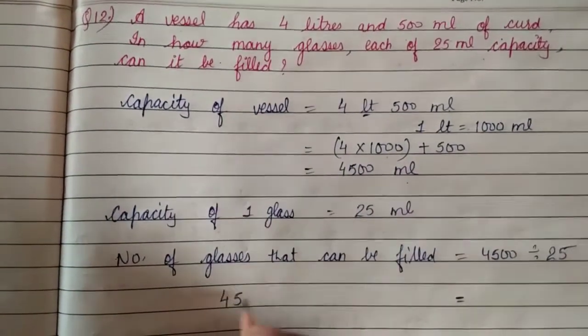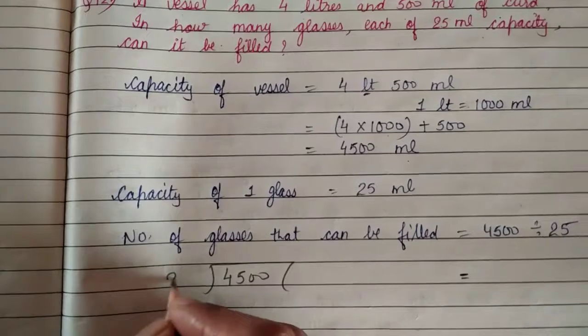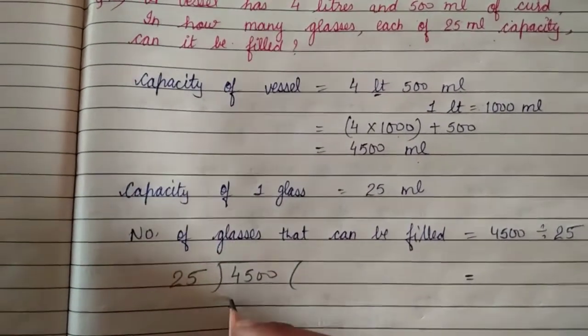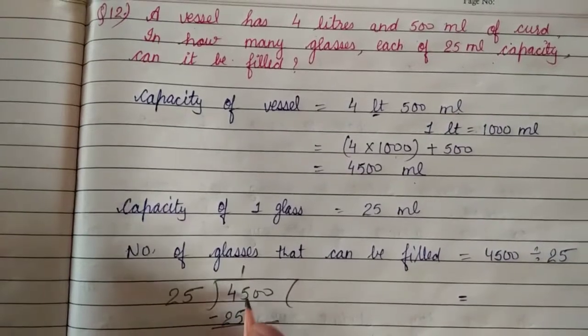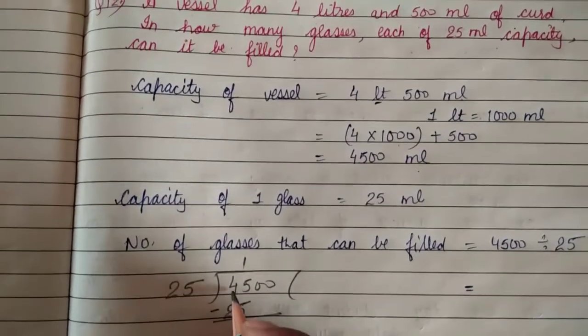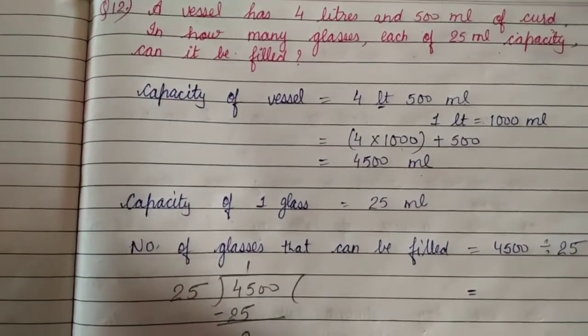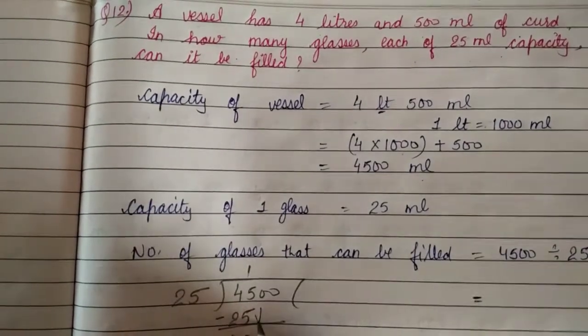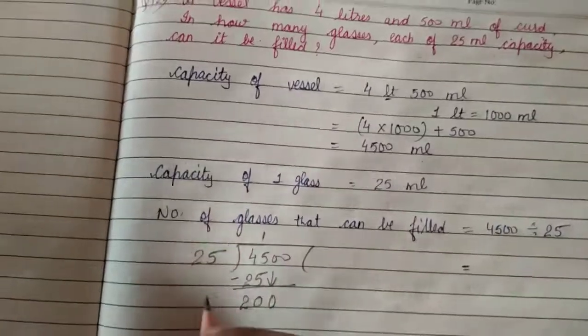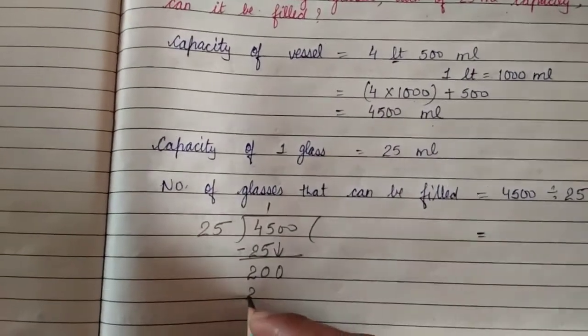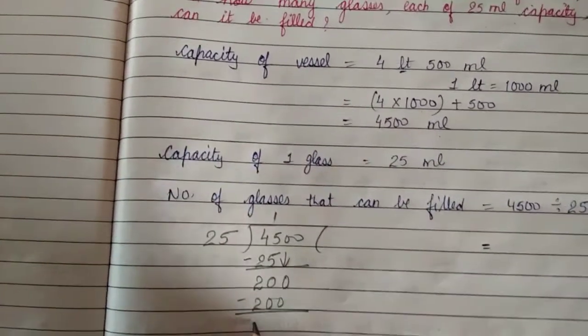Simply 4500 is divided by 25. 25 1 is 25. 5 minus 5, 0. 4 minus 2 is 2. 1 zero comes downside. Now 25 8s are 200.